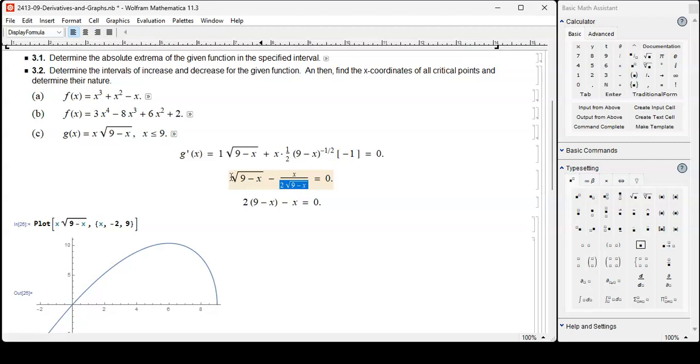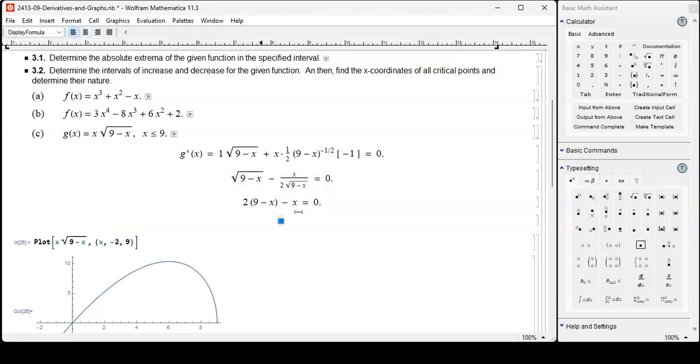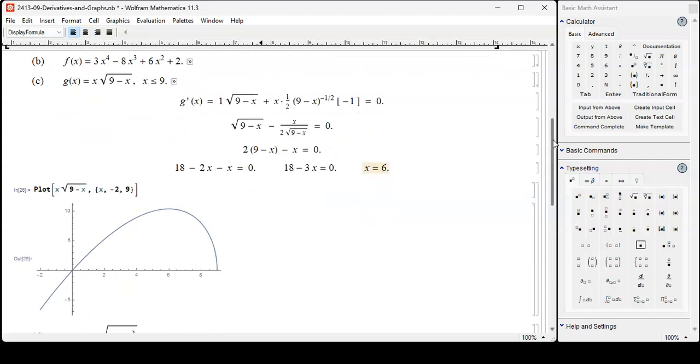Multiplying it here, I just lost the square root times 2, and here the denominator just disappeared, and multiplying anything by 0 will not change anything. So solving this, oh, that doesn't look too bad. 18 minus 2x minus x equals 0. So 18 minus 3x equals 0. x equals 6.